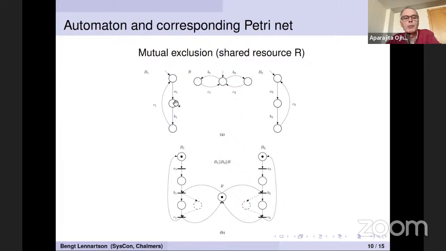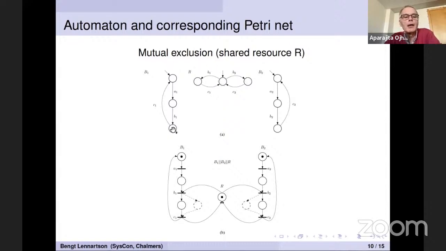First the robots ask for permission, and then they can execute when the resource is ready. They can take it, and then they execute B1. Sorry, this was the mutual resource, which in our application yesterday was the shared zone. So R is now the shared zone.